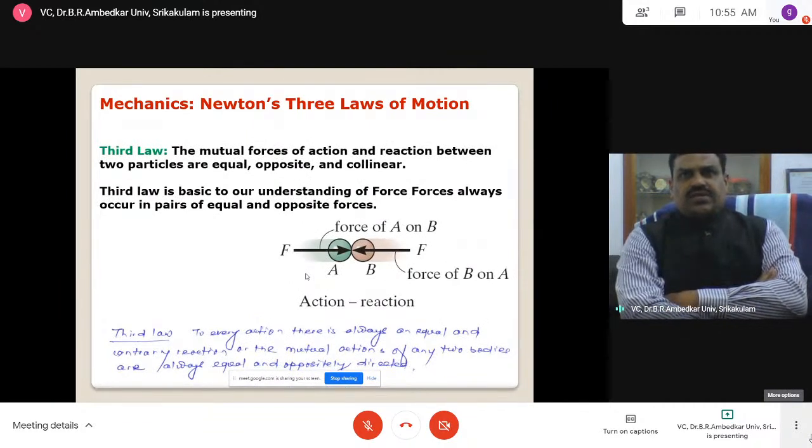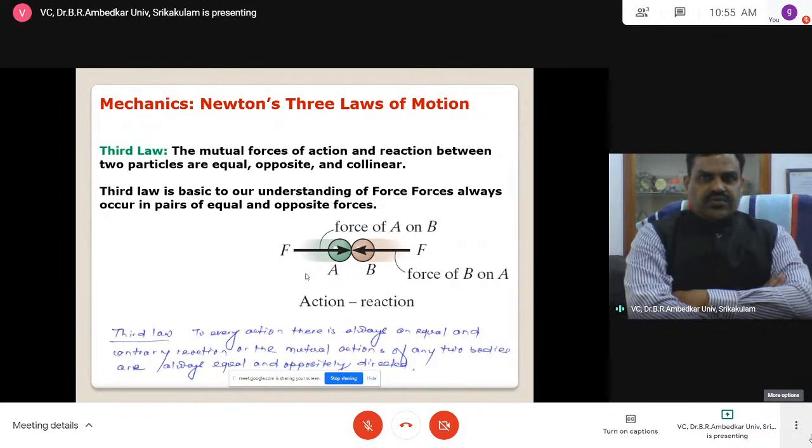The third law deals with two equal and opposite forces, which are generally collinear. The understanding is that force always occurs in pairs of equal and opposite forces.